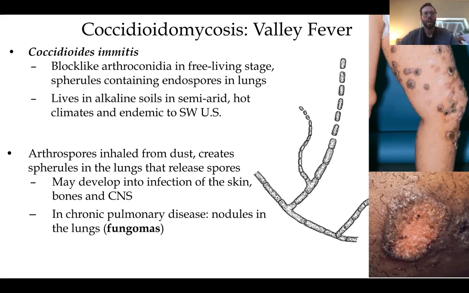And then this can be either on the skin, or it can be inhaled from dust particles, enter the lungs, and cause fungomas, nodules in the lungs. Okay. And as you could imagine, that's going to lead to a chronic disease of the lungs. Okay. It's really hard to reverse those fungomas once they've formed.